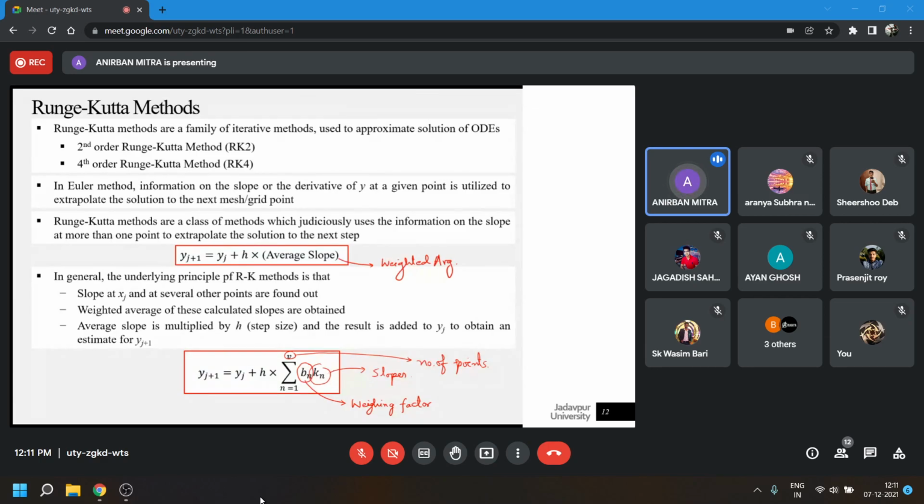The slopes at the 2 points are k1 and k2 respectively, and the weight factors at those 2 points are b1 and b2. The weights are given in such a way that the summation of bn, n varying from 1 to v, is always equal to 1.